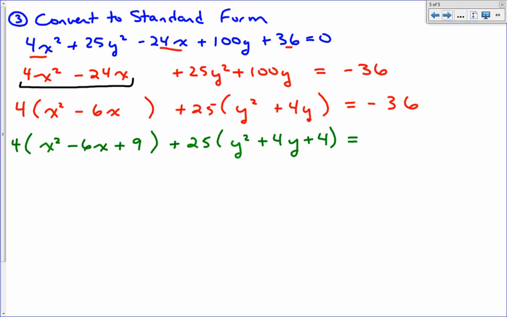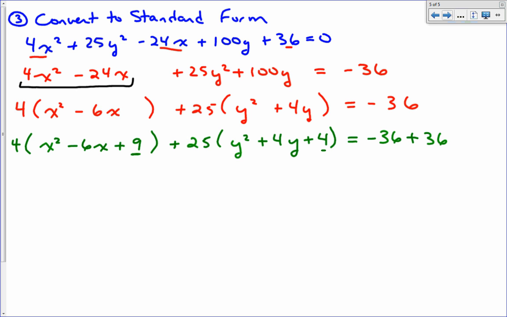Equals. Now, I've added a bunch of things to the left side of the equal sign. I need to add the same things to the right side of the equal sign. So I still have a negative 36 on the right. If you go back and think about what we added, adding that 9, because that 4 is outside the brackets and multiplied by everything in there, I've really added 4 times 9. So I have to add a 36 on this side as well.